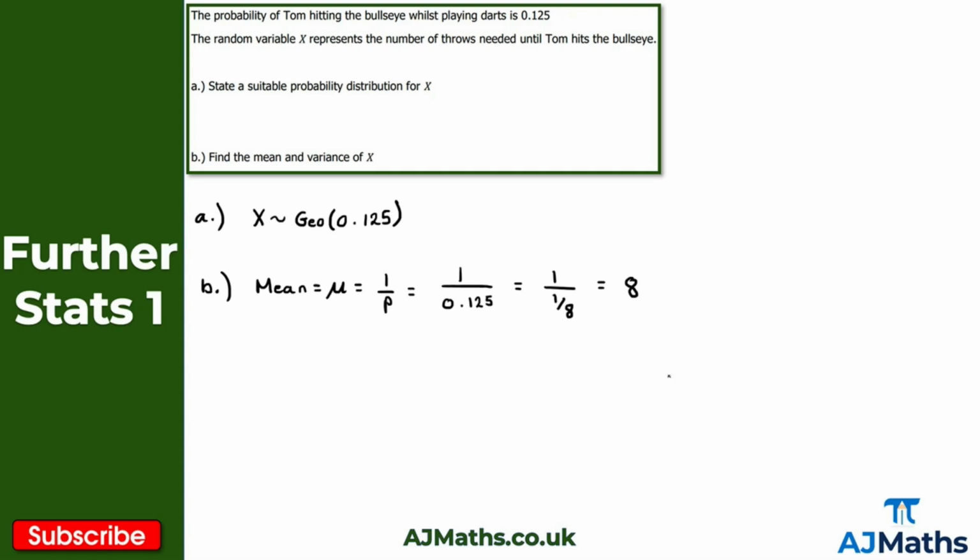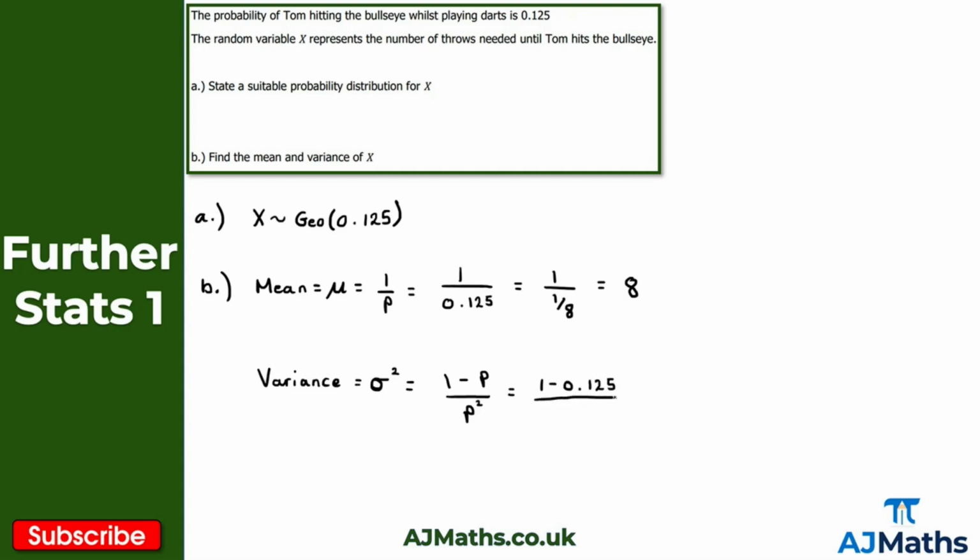We now also need the variance of X. So the variance here, that would be sigma squared. And again, we're just simply using the results that we established at the beginning of this video. So in this case, this would be 1 minus p, then we divide this here by p squared. Okay, so 1 minus p here, so that's going to be 1 minus 0.125.